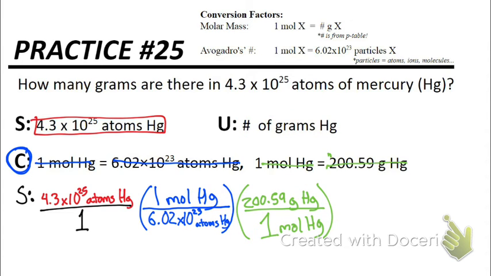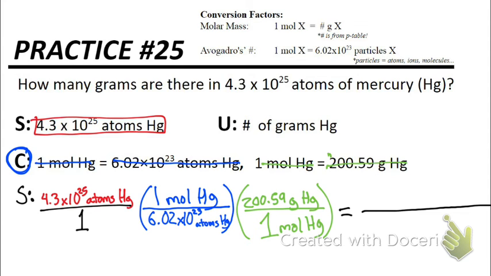Because I know I've successfully canceled out all of my units, I'm going to go ahead and multiply my numerators together and my denominators together to get a new value.